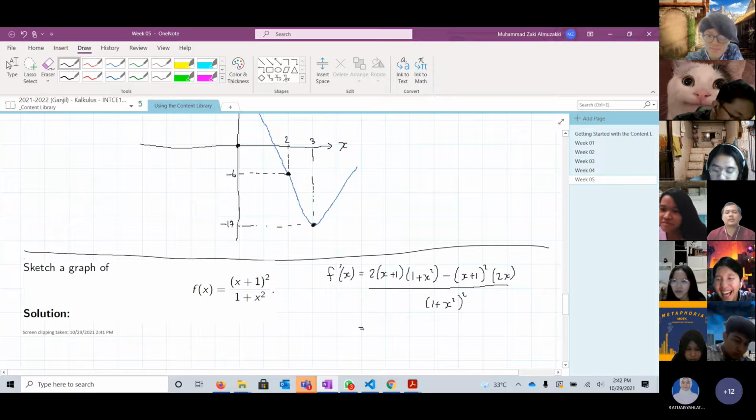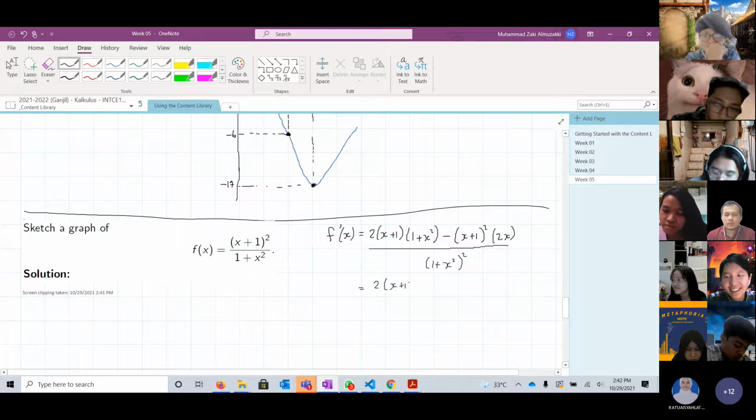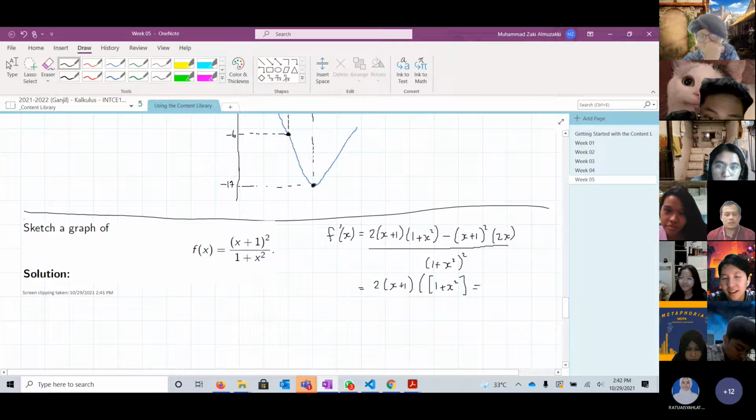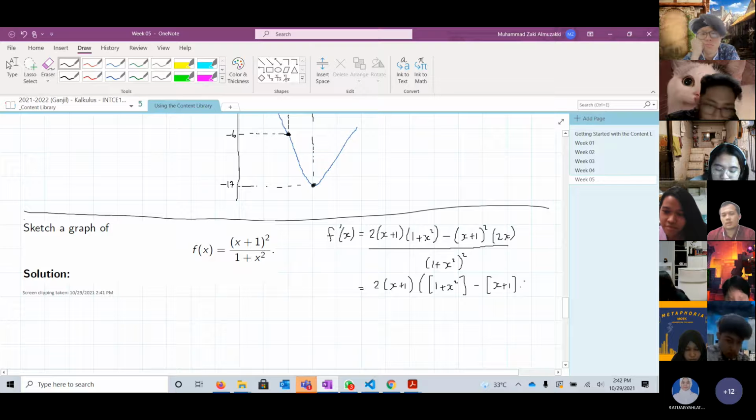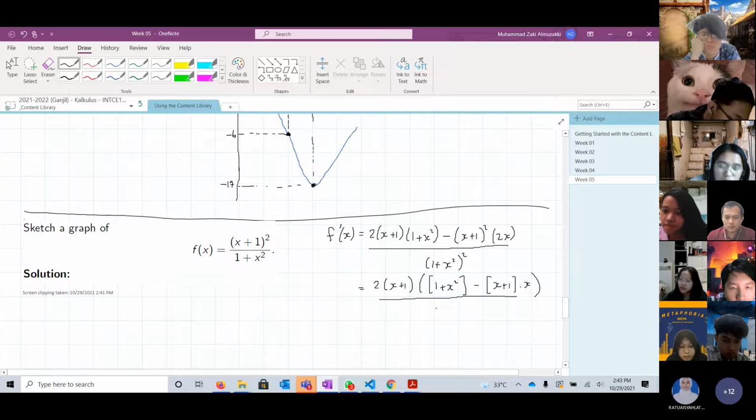So in this case we have 2 times (x plus 1) times (1 plus x squared) minus (x plus 1) times x, over 1 plus x squared.